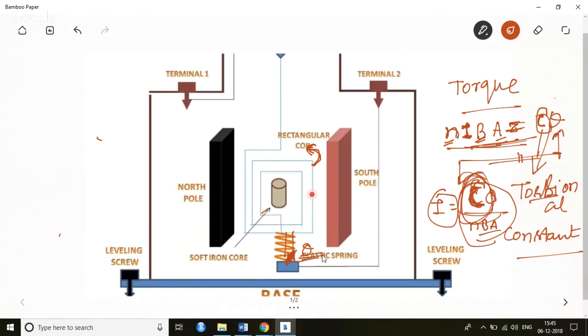As soon as it makes some angle theta, this can be measured out. As soon as you measure it, you can find out the value of I. So that is the thing.